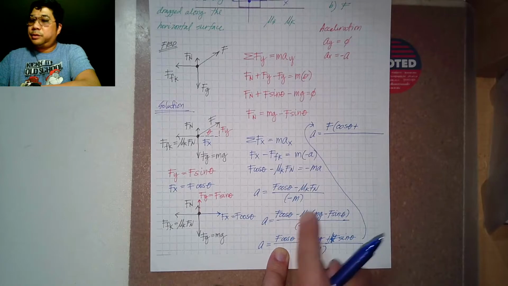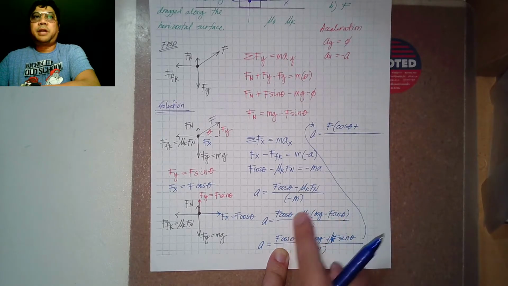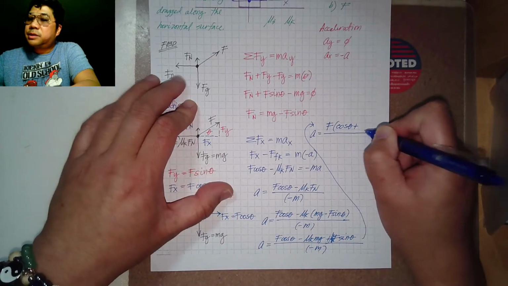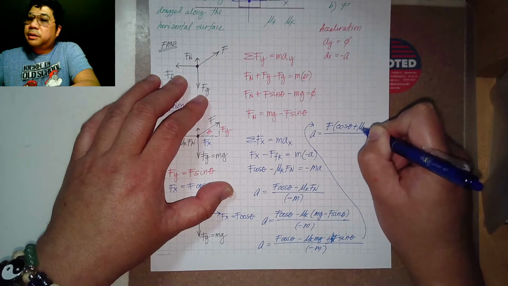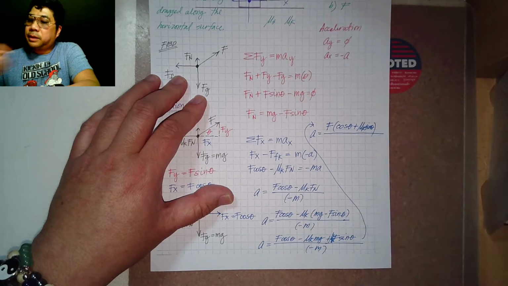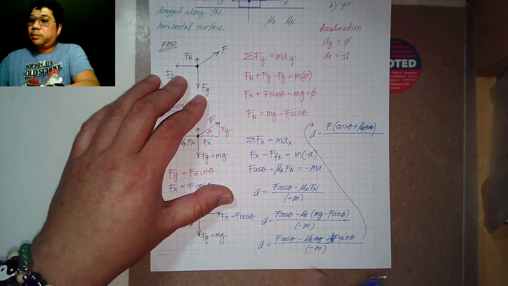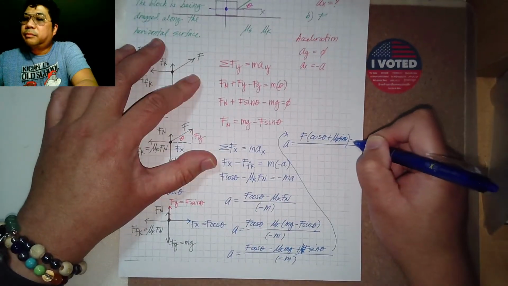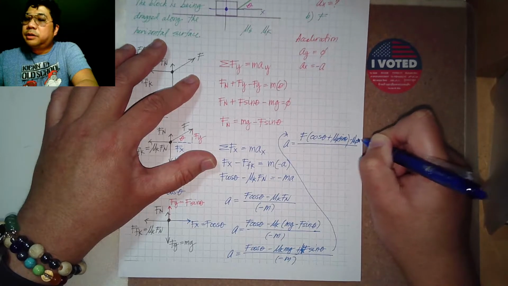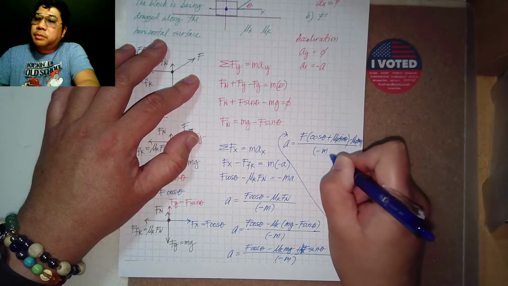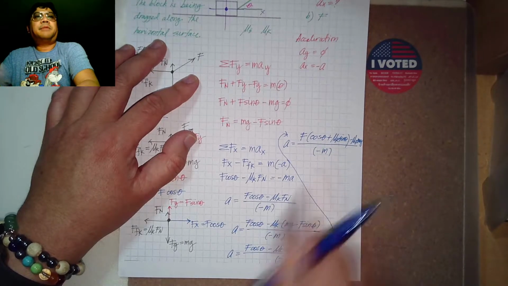We need to distribute the value of mu sub k, our coefficient of kinetic friction, and then we place negative mu k mg over negative m.